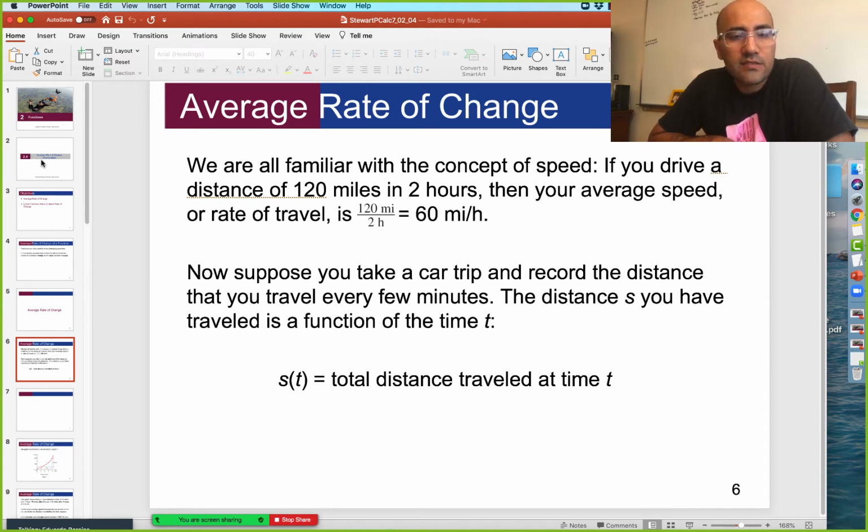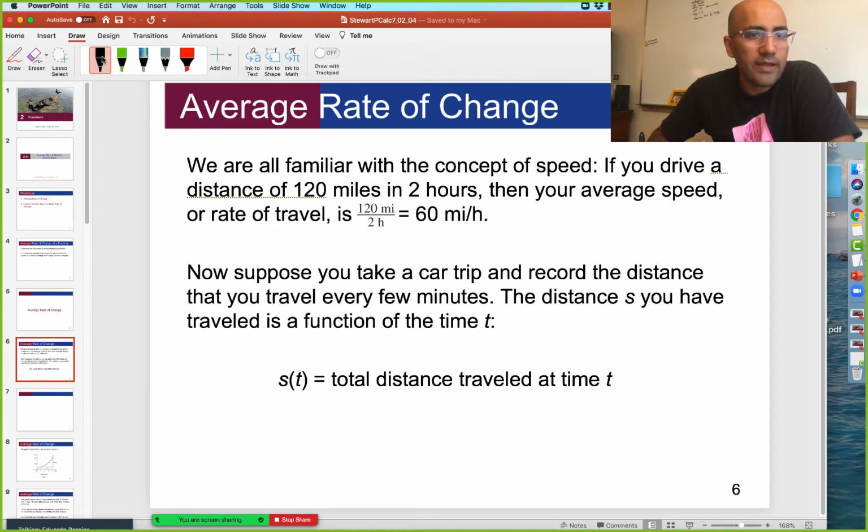If you drive a distance of 120 miles in 2 hours, then your average speed, or the rate of travel, is 120 divided by 2 to give you 60 miles per hour. Right, so we're used to seeing it in this sort of notation style, but that could be broken down, right? This could be broken down into 60 miles traveled in 1 hour.